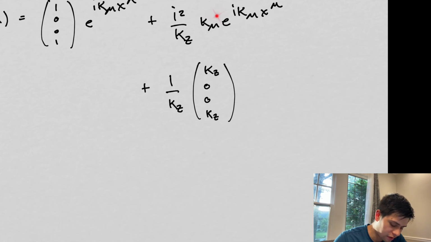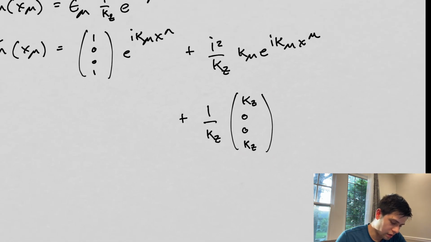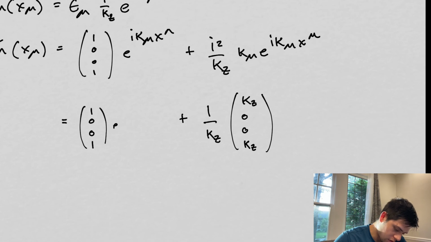Since we're only moving in the 0 component and in the z component, we have this right here, and of course we also want this other part, 1, 0, 0, 1, e to the i k mu x mu, and then we also have our e to the i k mu x mu.